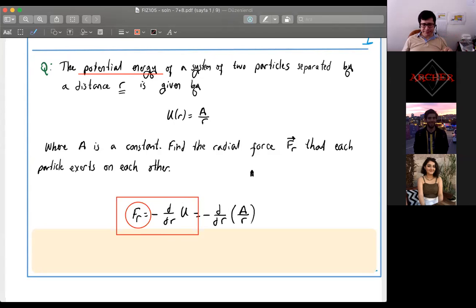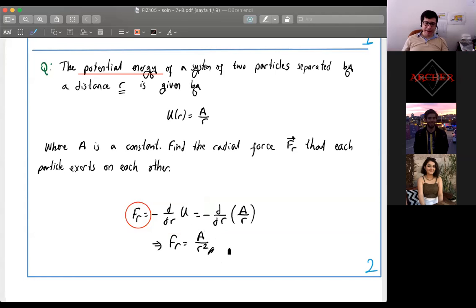So it's as simple as this. You just differentiate the potential energy with respect to the position, and there's a negative sign. So here it is. A divided by r square.